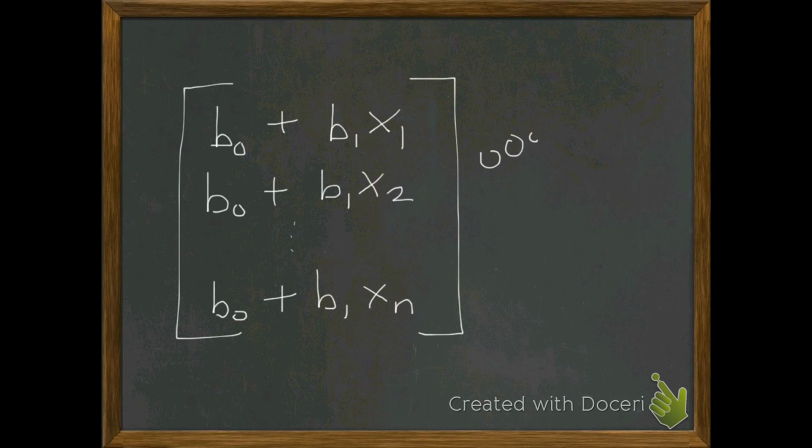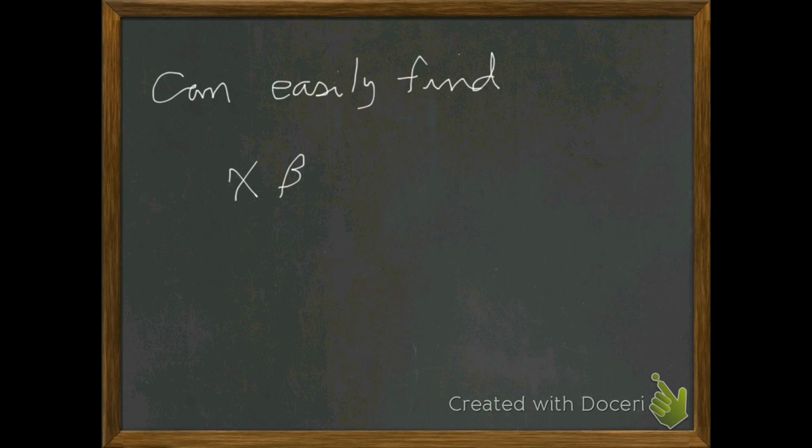So guys, when you see that, what you would think is x times beta. It turns out that we can easily find x beta. So let's just go ahead and do that.